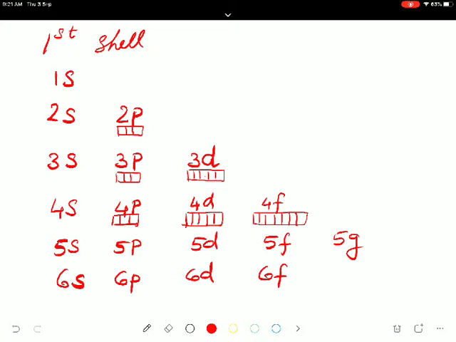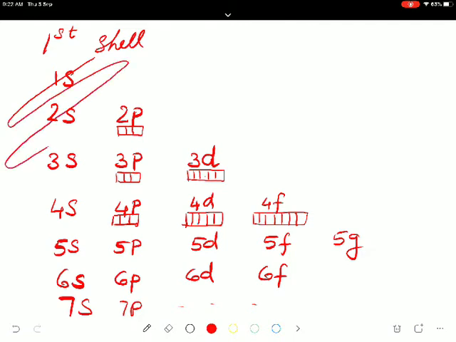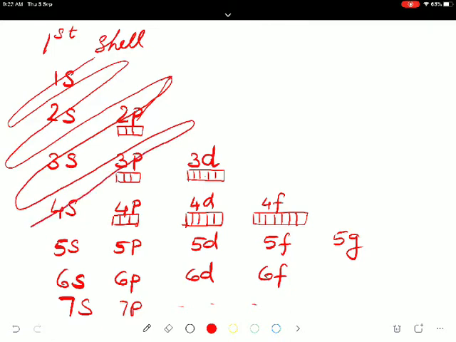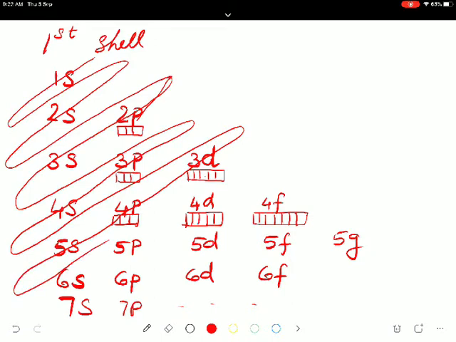In that way they will go on, 7s, 7p, and so on. So what is the increasing order of these energies? First 1s will be filled, then 2s, then 2p, followed by 3s. After that 3p, 4s, then 3d, 4p, 5s. Like that the orbitals are filled.